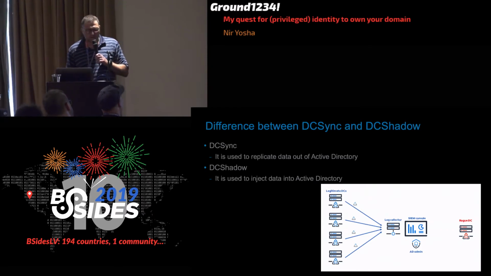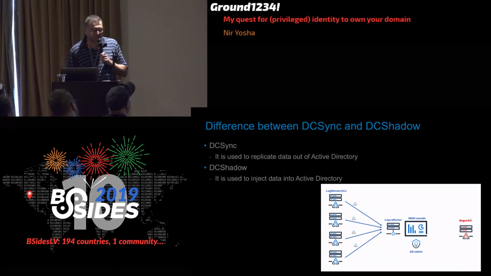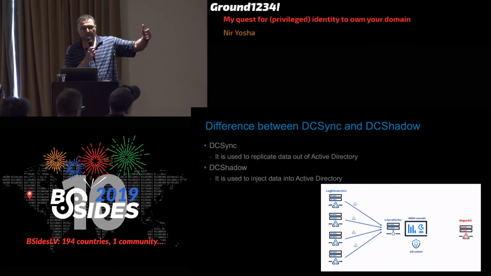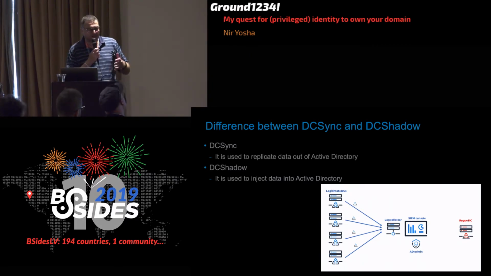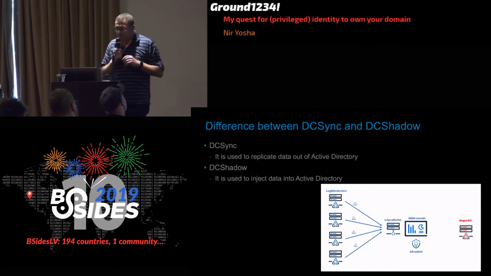And finally, there are two attacks that are kind of opposite of each other, but both are built on the fact that the domain controllers, for high availability, need to sync between each other. Domain controllers, this brain that we spoke about, we have a lot of them and they keep communicating with each other.